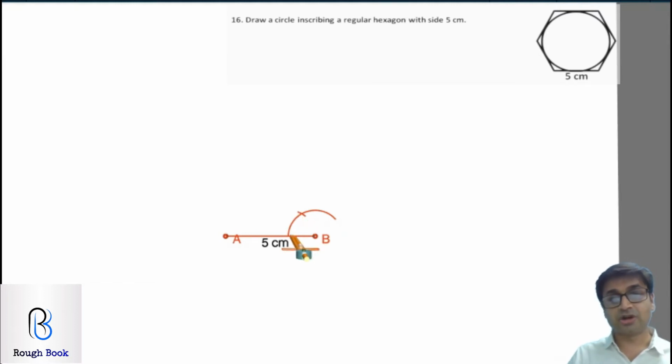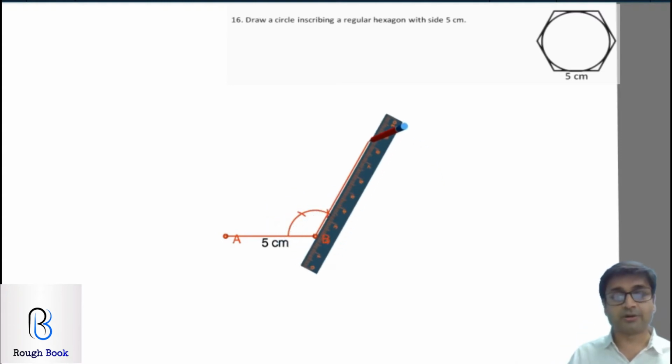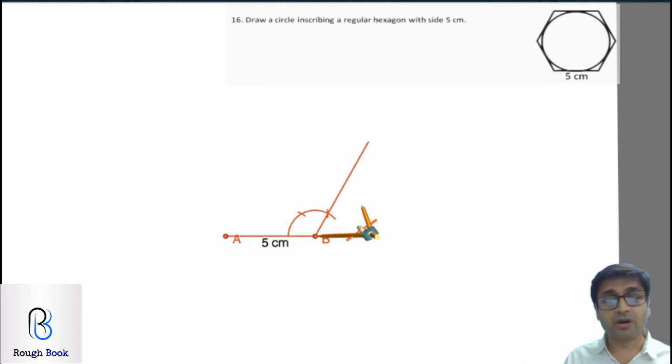So just enjoy the music and do your constructions pretty well. There you go. So joining and getting the first 120 degree. I'm not going to give you a lot of explanation here because you know how to draw the hexagon. So let's just enjoy our construction. So that's your first one, point C.